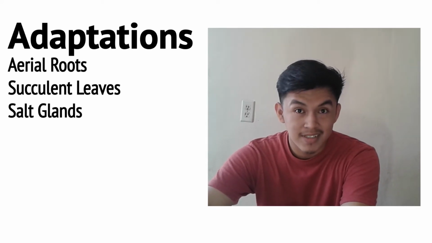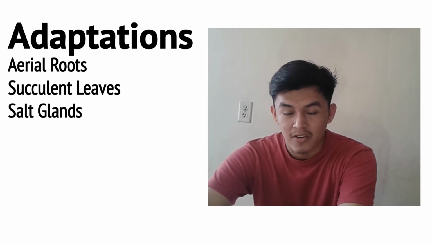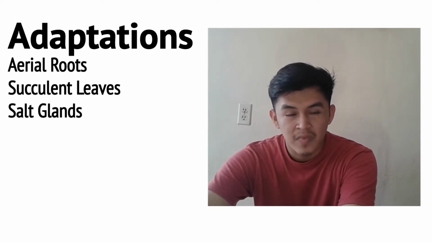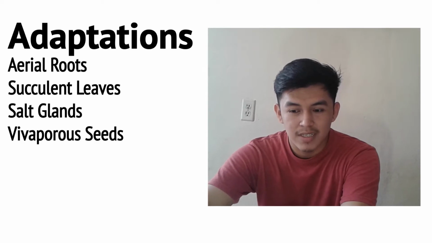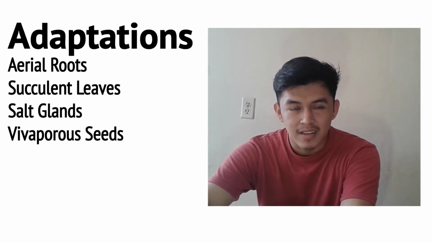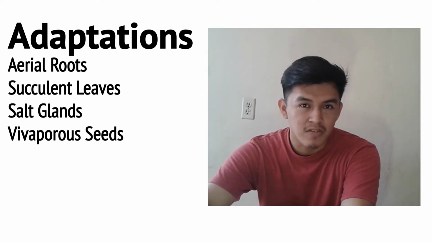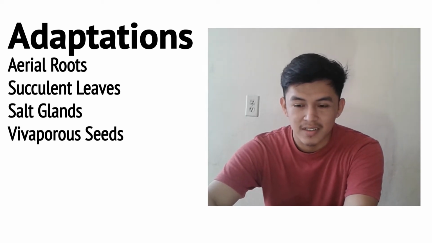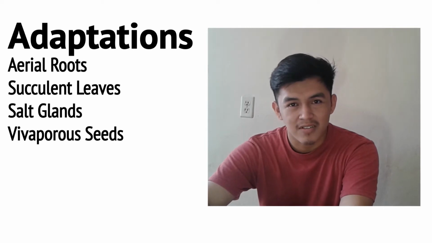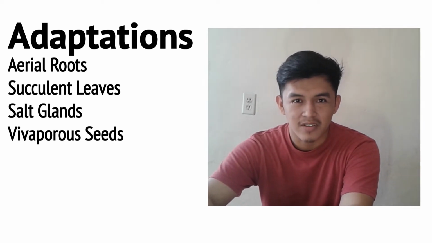It also possesses salt glands for high salt concentrations. Additionally, the mangroves also have viviparous seeds. That means that there is no germination phase for the mangroves, and the seeds are dispersed by water in some instances. This dispersal method allows it to colonize different areas of the beach.